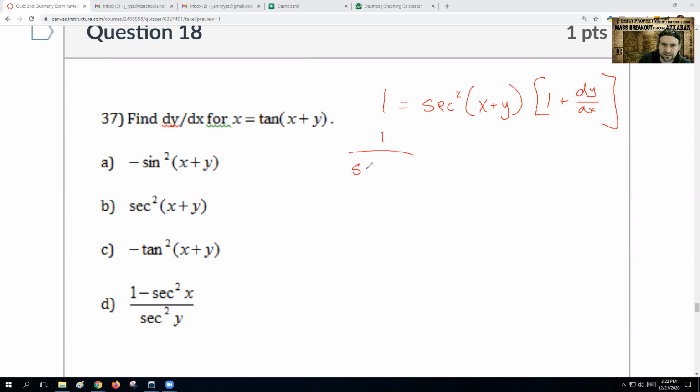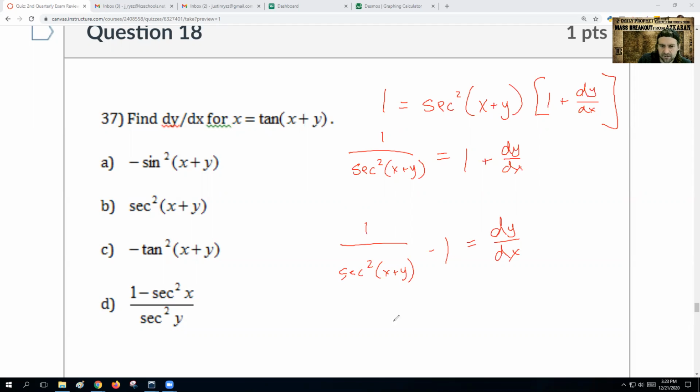So 1 divided by secant squared of x plus y equals 1 plus dy dx. We need to subtract the 1 over, and so we probably get a weird trig rule. We get 1 over secant squared of x plus y, minus 1, equals dy dx.